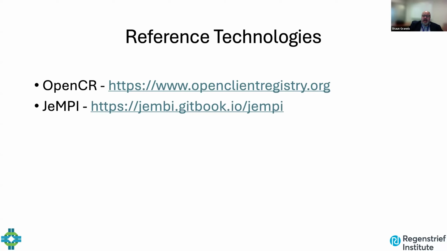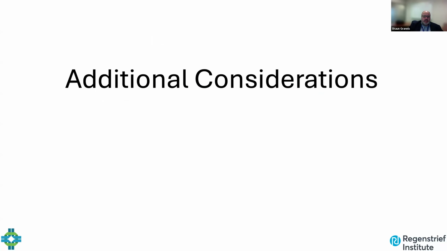So that's a very high-level overview of how the system works. I do have some additional considerations that are important to think about within the context of a client registry or patient identity management.